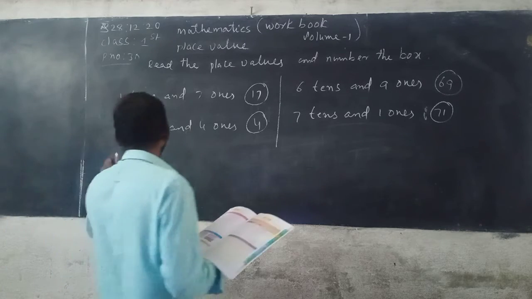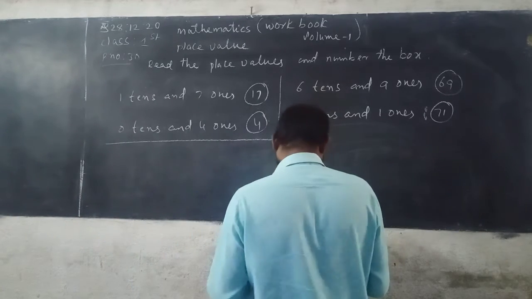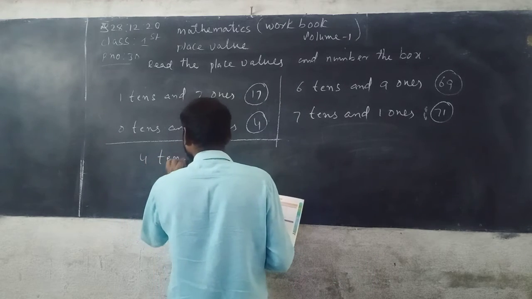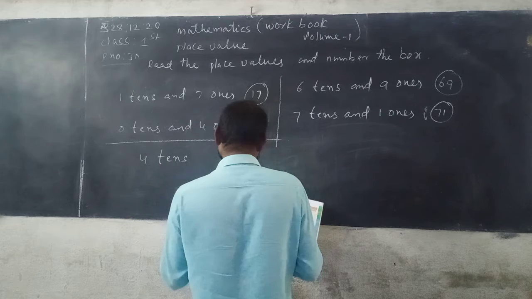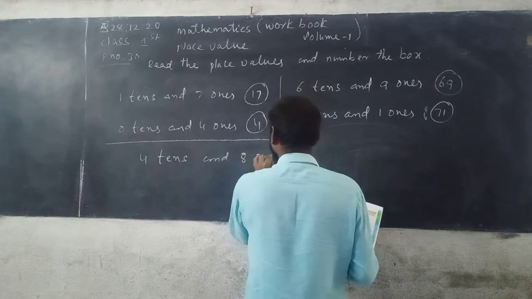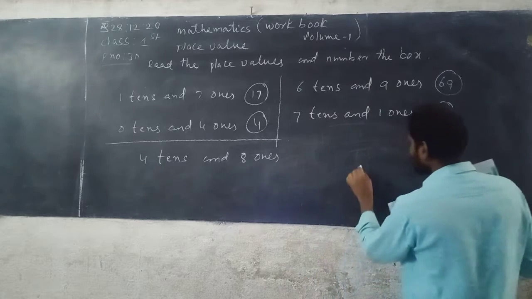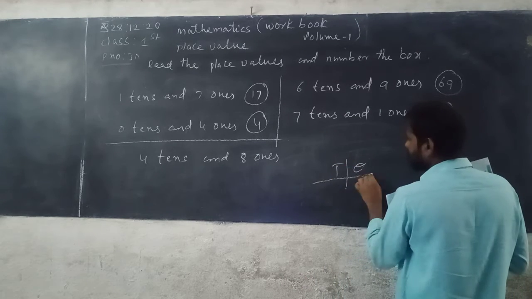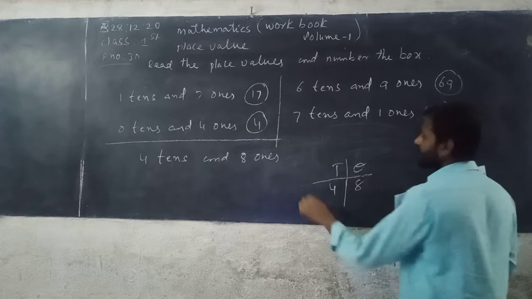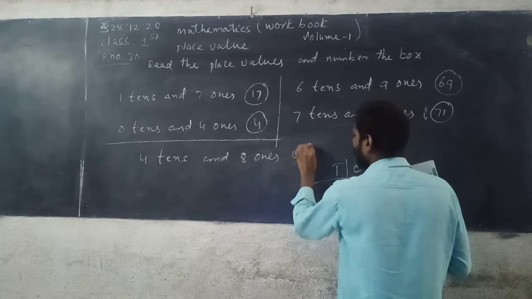Now next, 4 tens and 8 ones. See, this is ones, this is tens. 4 is in tens place, 8 is in ones place. The given number is 48.